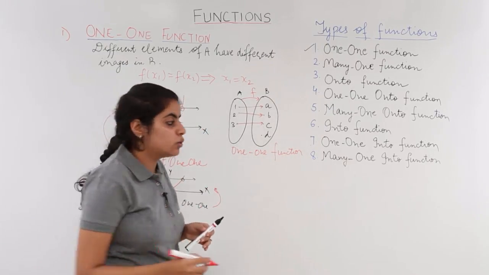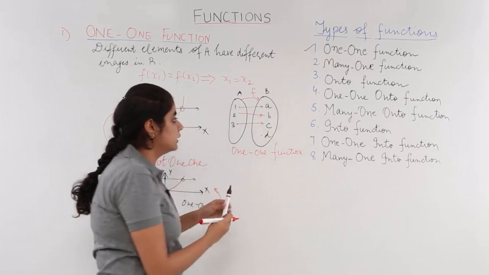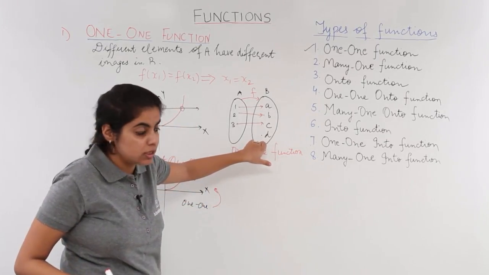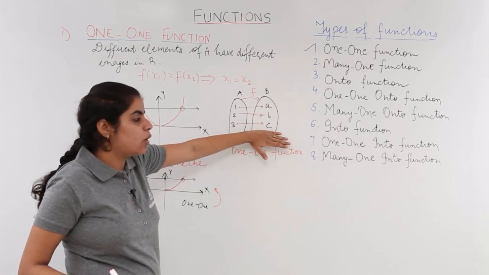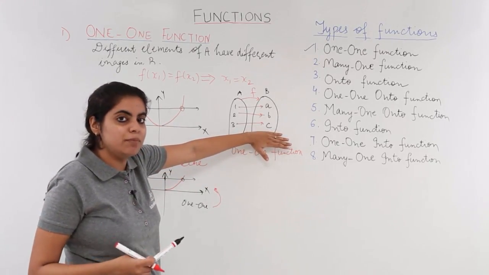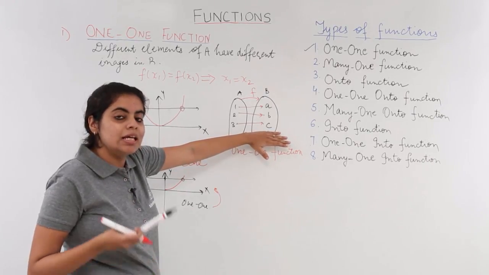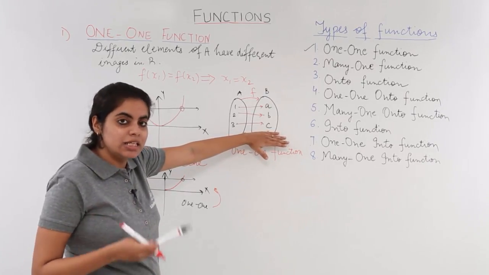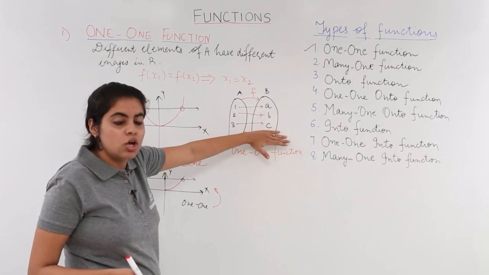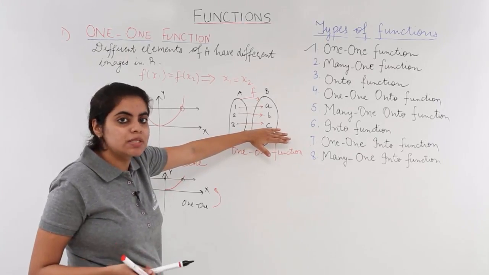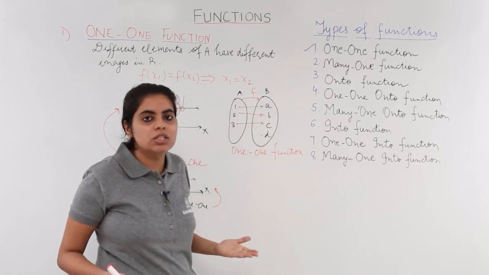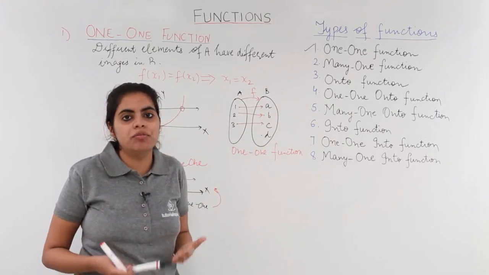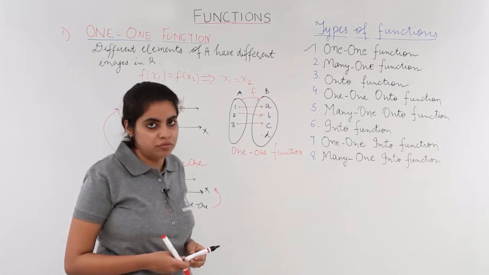Now, you also need to understand, had d not been present, had 1, 2, 3 been related to a, b, c only, till then again this function would have been one-one, because the presence or absence of any element in the codomain does not affect whether it is a function or not.